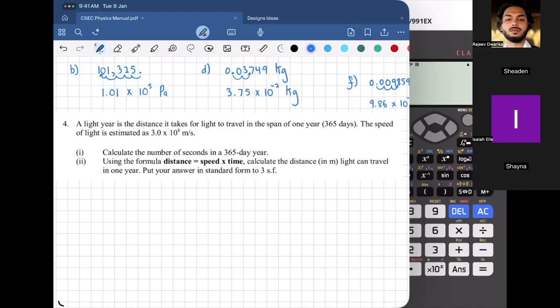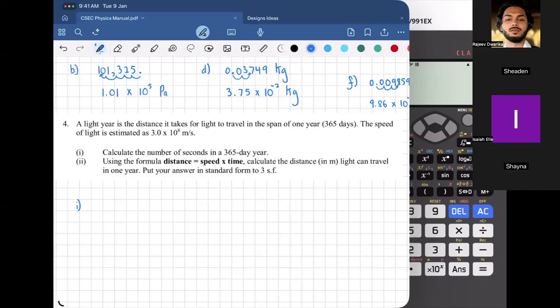The speed of light is estimated as 3 by 10 to the power 8 meters per second. Calculate the number of seconds in a 365-day year. So, Isaiah, we need to calculate the amount of seconds. Before we do anything, tell me, how many seconds do we have in a day?